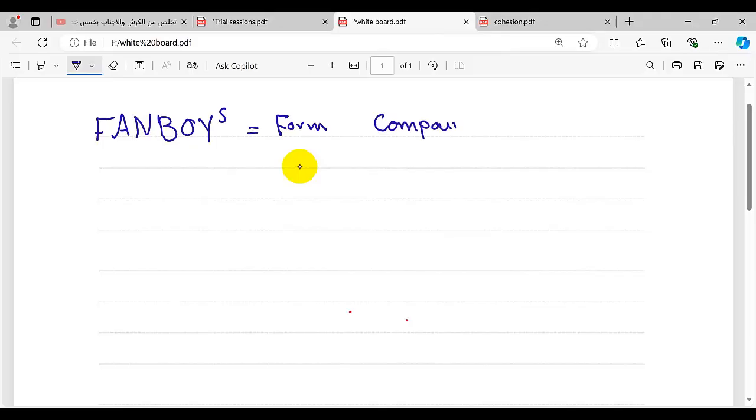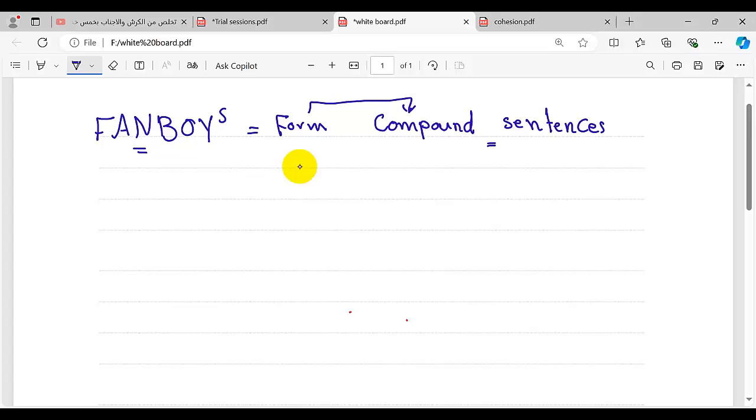Compound sentences. Okay, so why do we use the fanboys in our writing? To form compound sentences. So if I ask a question here, what is the compound sentence?